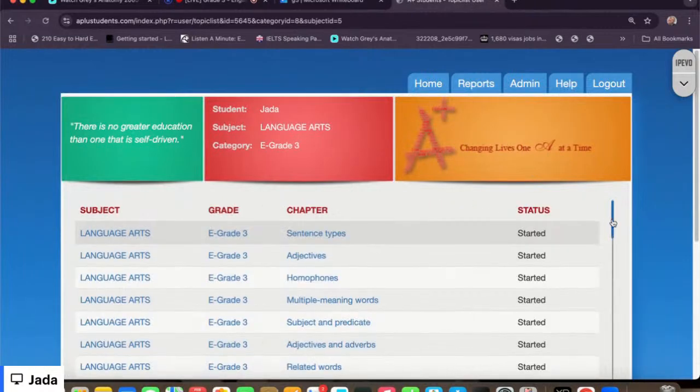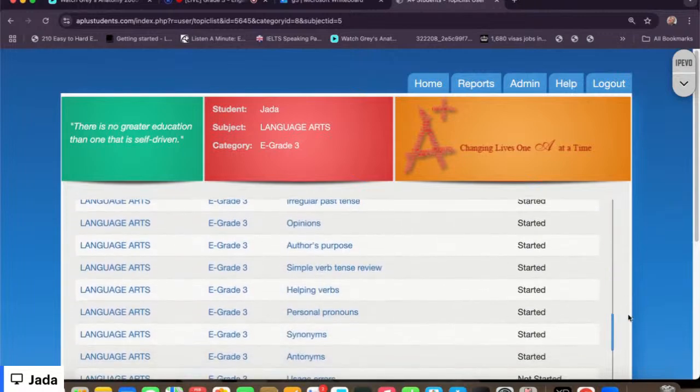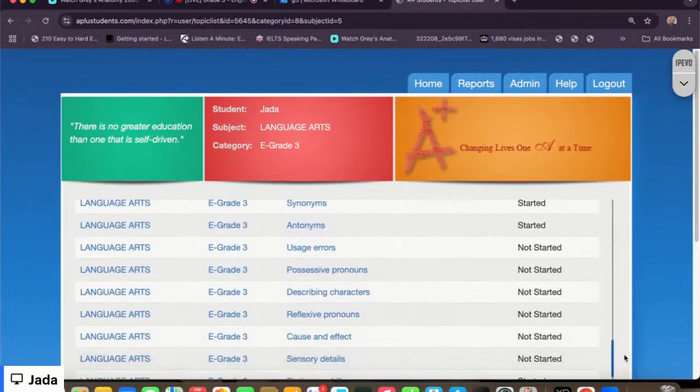All right, so we have the grade 3, and we will go to commas.